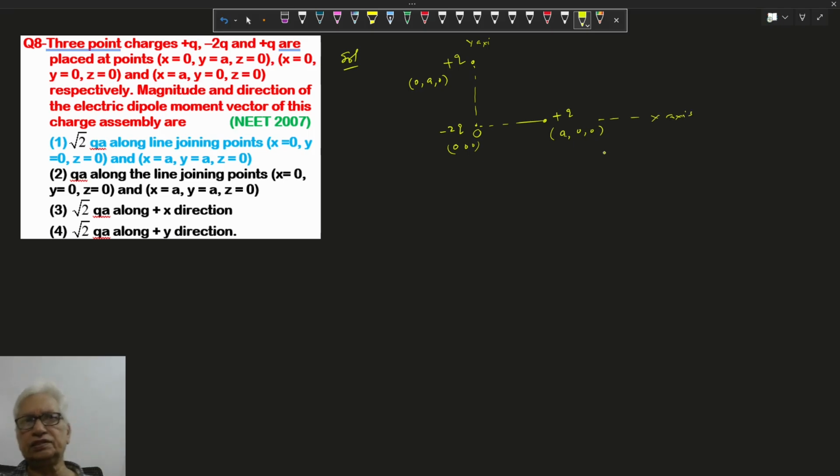So this configuration can be treated as minus q plus q.